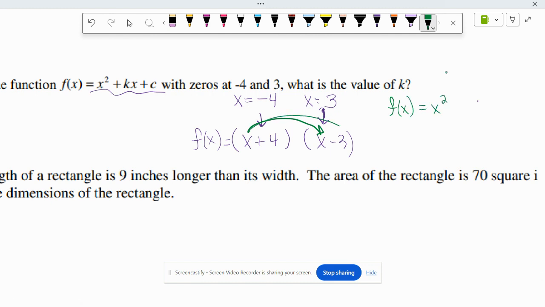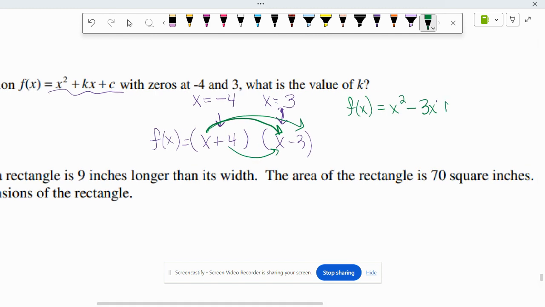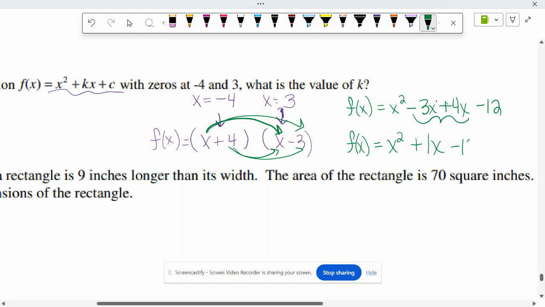What is x times negative 3, Viviana? Negative 3x. And 4 times x? Positive 4x. And a positive 4 times a negative 3 is a negative 12. When I combine these two terms in the middle, I find out that f of x equals x squared plus 1x minus 12.